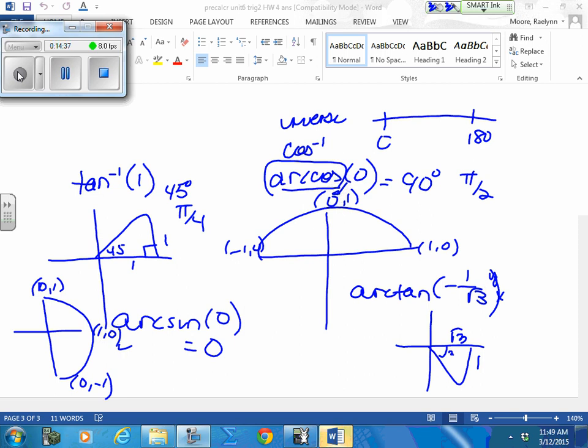Okay, my reference angle is 30, but my actual angle is -30, because my domain goes from -90 to +90, but not including. So it's got to be the negative part in here. It can't come all the way around. It's not 330. It's got to be my -30. Does it make a little bit more sense?